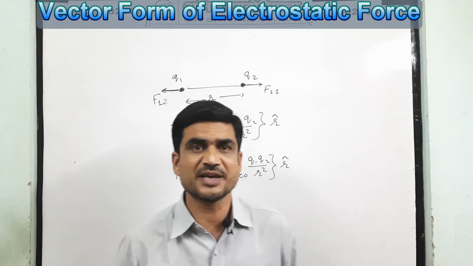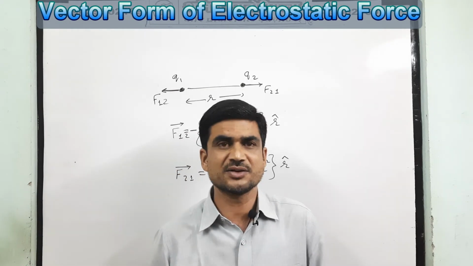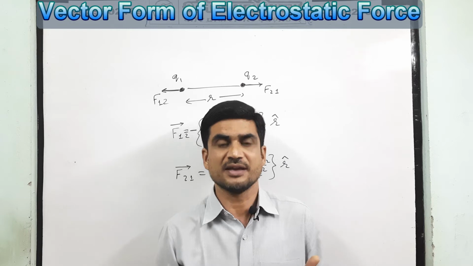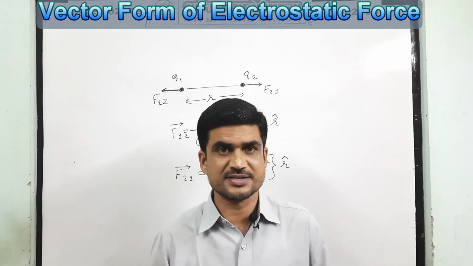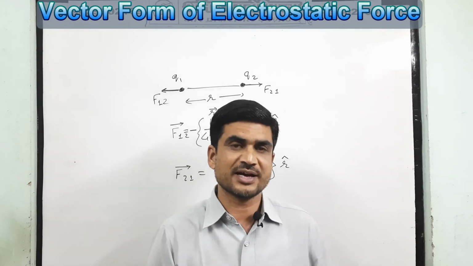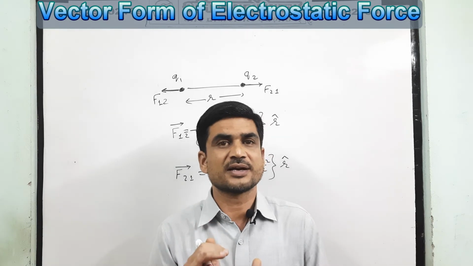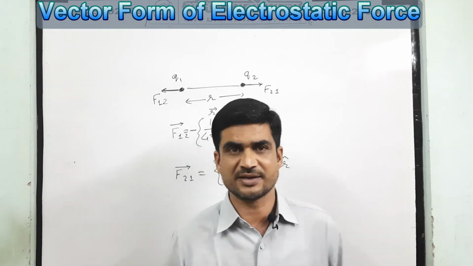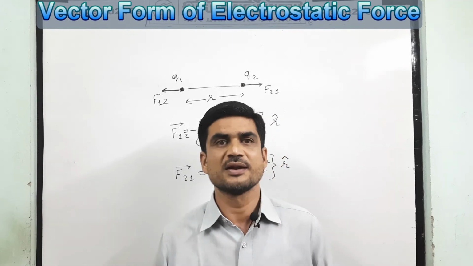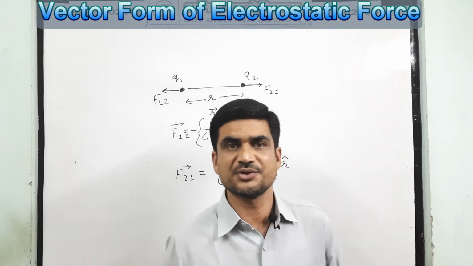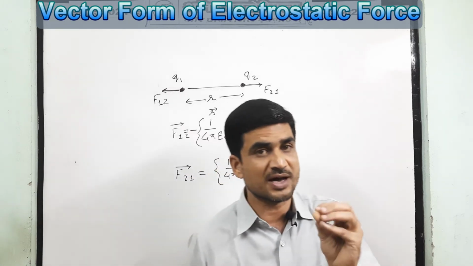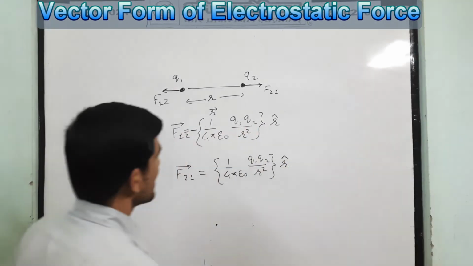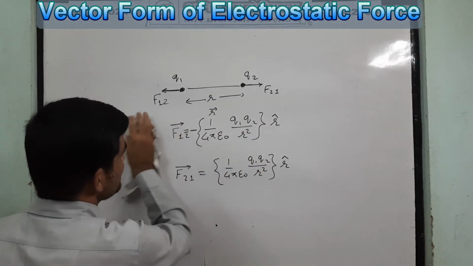As you know, in a Cartesian coordinate system we have three coordinates x, y, z. Similar to that, in vectors we say position vector, also called point vector. So we have two charged particles, say q1 and q2, with position vectors r1 and r2. Just see how to represent a position vector.